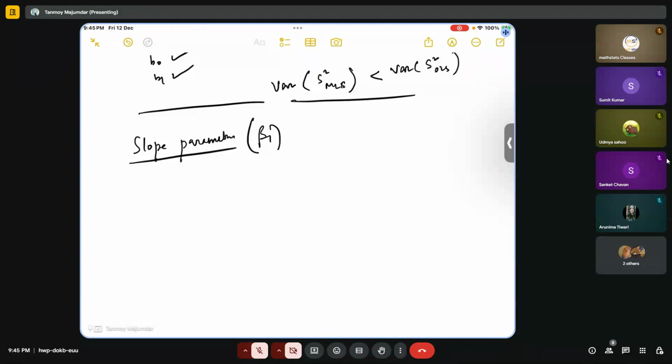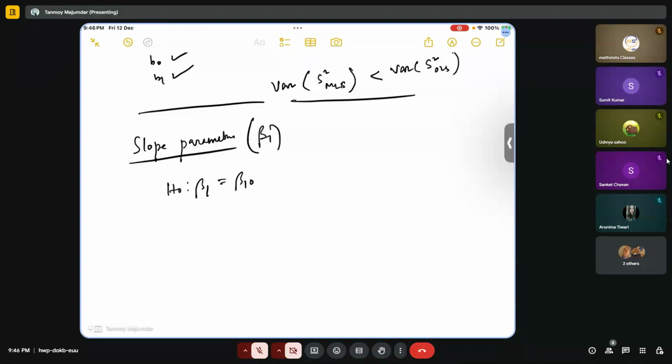First we consider the null hypothesis that the slope parameter equals some value, beta 1 equals beta 1 naught. Some values can be 0.5, 0.3, whatever you want to use in the model, or 0. Zero means there is no effect of this particular variable.